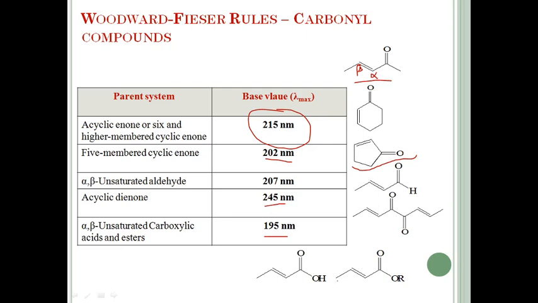Here I am showing the structural environment of alpha beta unsaturated carboxylic acid and alpha beta unsaturated carboxylate ester. Wherever you find such a structural environment, you have to provide the particular base value. So this is the main idea about the base value for the respective parent systems.